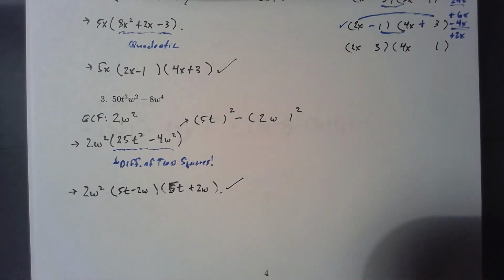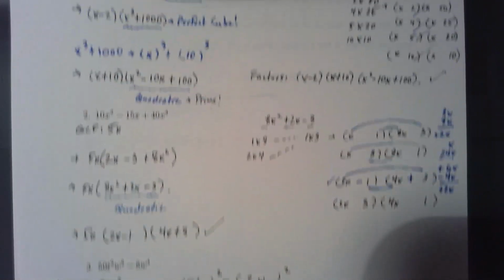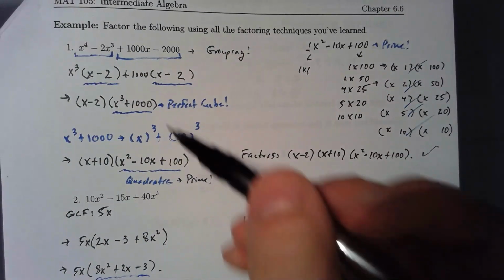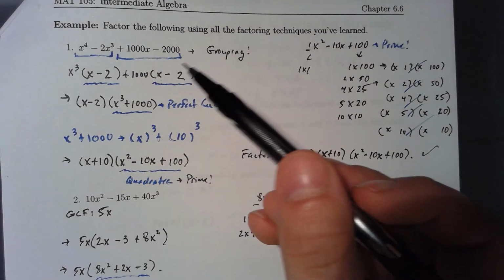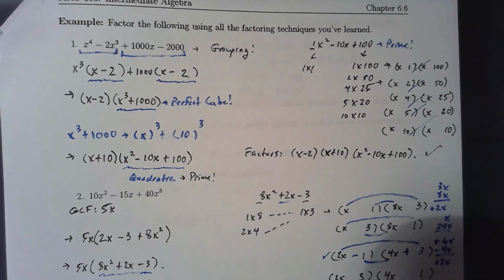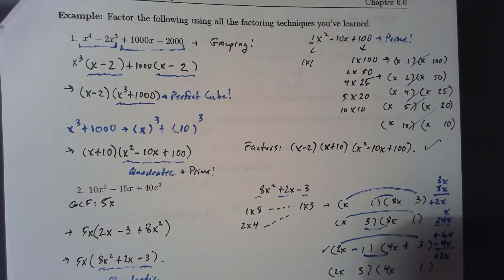So again, just to illustrate the concepts of factoring, the best way to factor is to practice. Practice, practice, and practice. But to summarize, the first thing you should do is see if you can factor out a GCF. Always see if you can factor out a GCF. And then see if any sums of or differences of cubes or difference of squares exist.